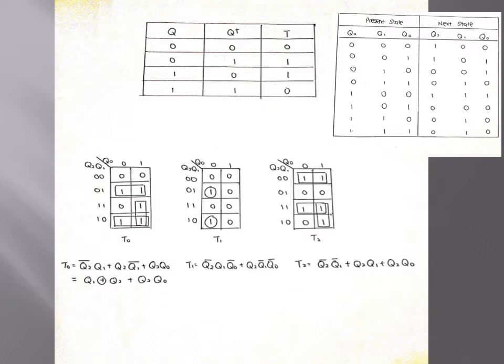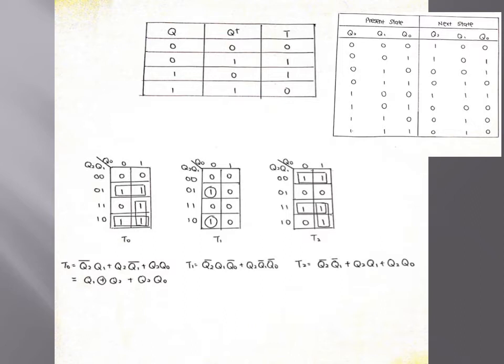So the first thing is to fill out the column. So how to fill out? We can refer to the small picture here, which is from the last slide. So the first row is 0, 0, 0 for present state, right? For this T0 map, we can only look at Q0. So Q0 at 0, 0, 0 remains unchanged, which is 0 to 0, still the same.